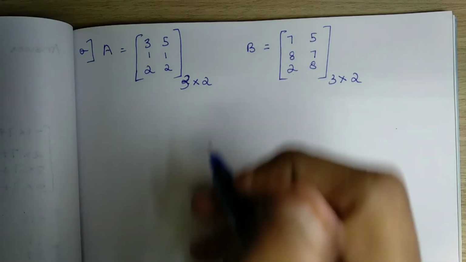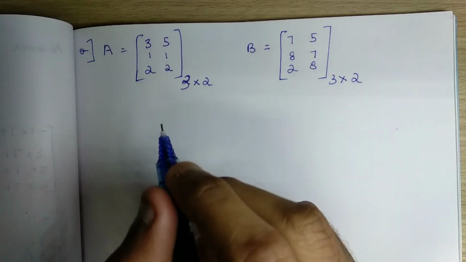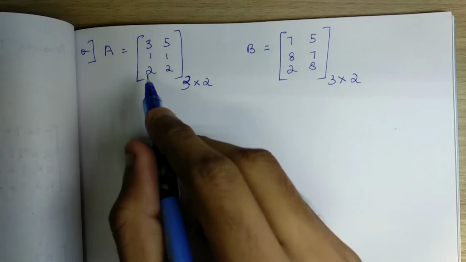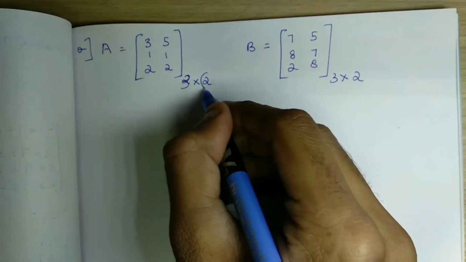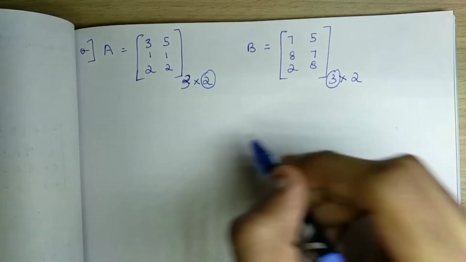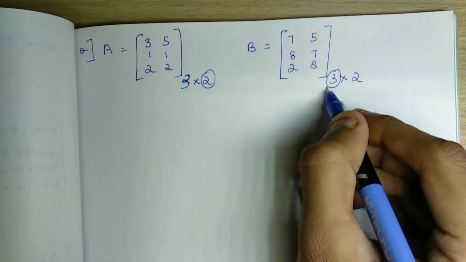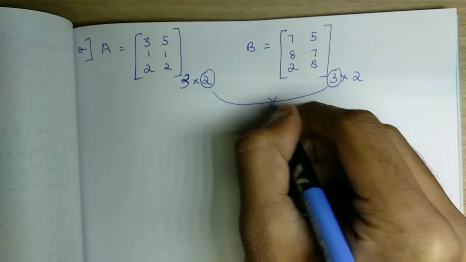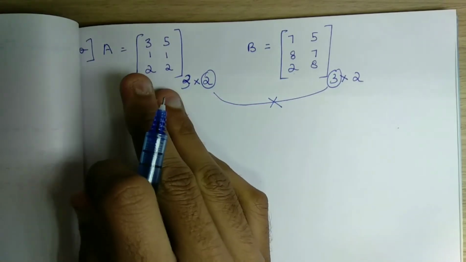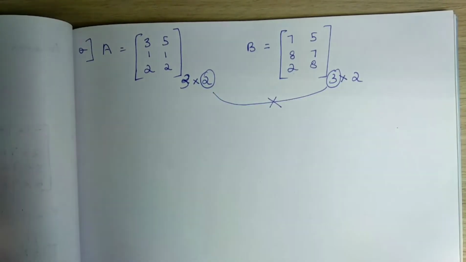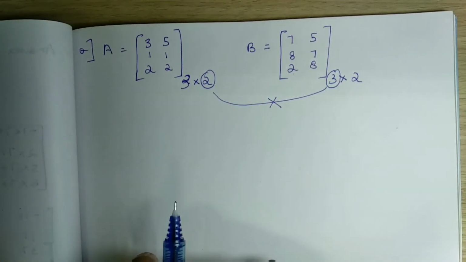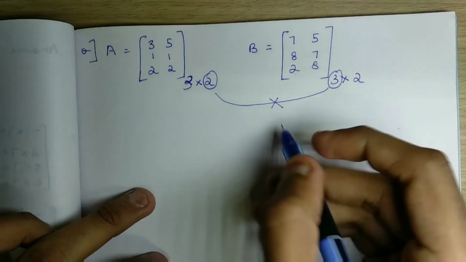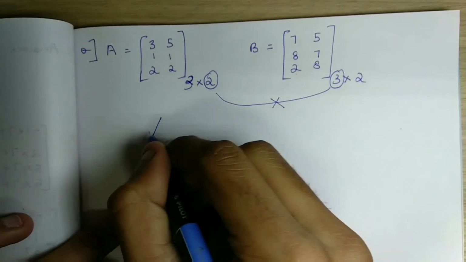So the first rule, we check whether the columns of the first matrix equal the rows of the second. These two aren't similar. So multiplication of A and B is not possible. So therefore this sum is wrong.